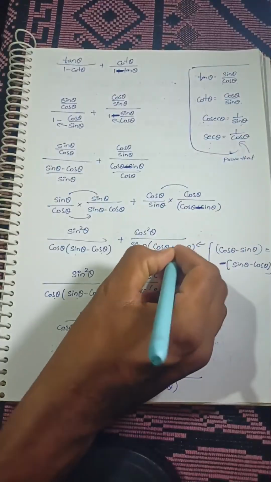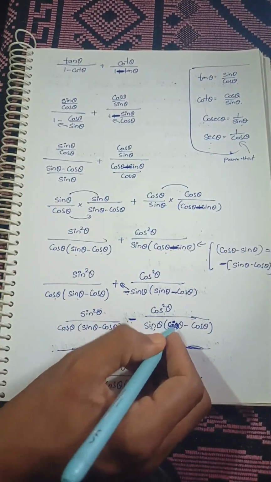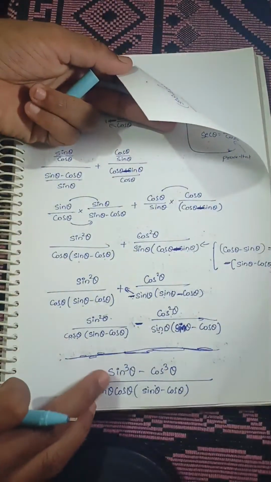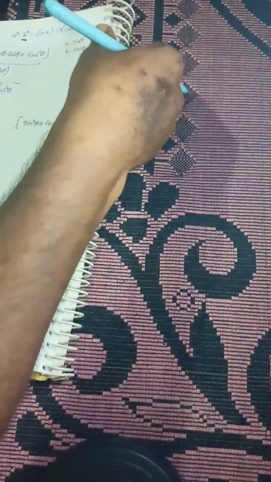Minus, minus, here also minus, from here I wrote minus. This is sin theta. And this numerator we are converting in the form of a cube minus b cube. Yes, if you wrote everything, it's fine.